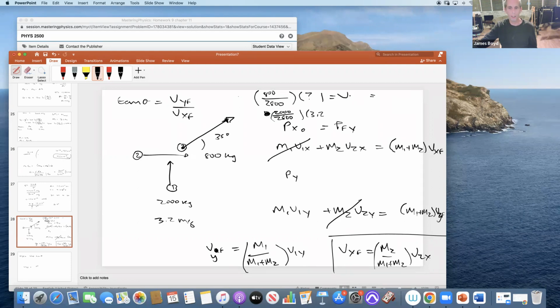And this was Vx final. This is Vy final. So Vy final is 2000 divided by 2800 times 3.2, which is 2.2857 meters per second.